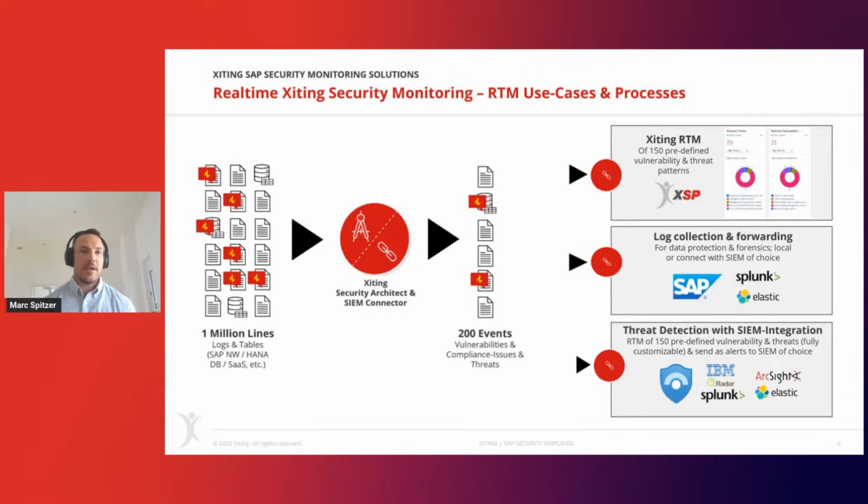If you already have a so-called SIEM solution in place, a big application-neutral monitoring system, SIEM meaning Security Information Event Management, something like Microsoft Sentinel or Splunk or Elastic Stack, and you maybe also connected other applications to it, you can run our solutions as a middleware to send all the alerts regarding threats, vulnerabilities, and compliance issues to the external SIEM system.